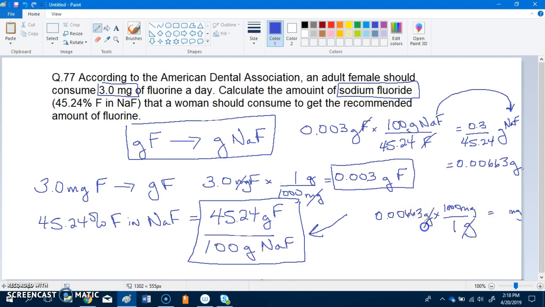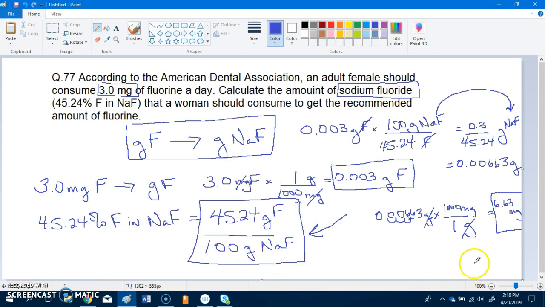The grams cancel out, and then 0.00663 times 1,000 is the same as moving the decimal over 3 places, so we get 6.63 milligrams of sodium fluoride is needed in order to get 3 milligrams of fluoride.